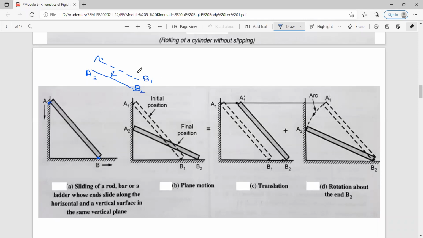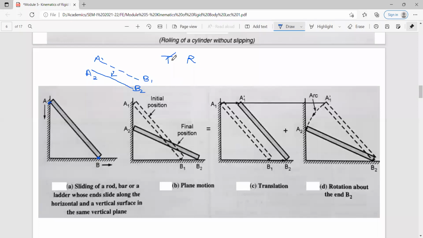Okay, so if not translation, is it rotation then? Is it rotation? No. Then it will be a combination of both. Yes, correct. In rotation, the particles move along parallel circular paths. But here the paths of A1 and B1 are not parallel and not circular.